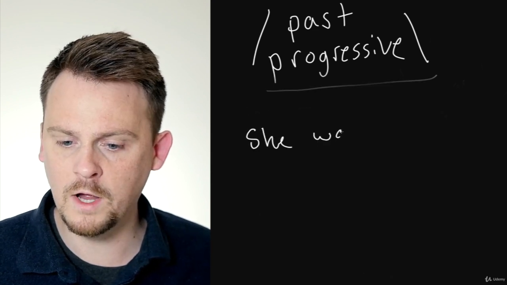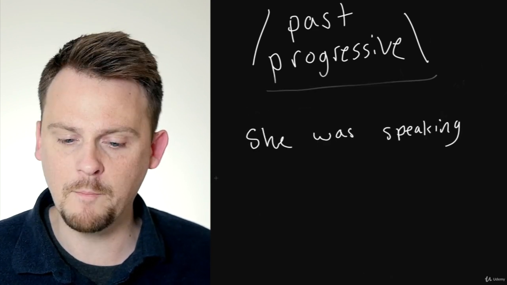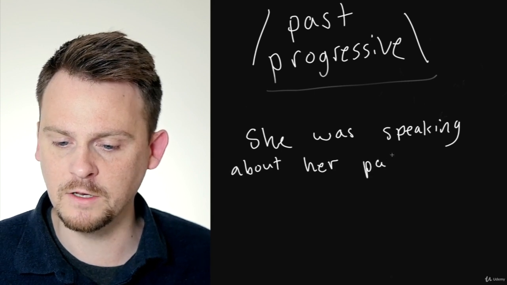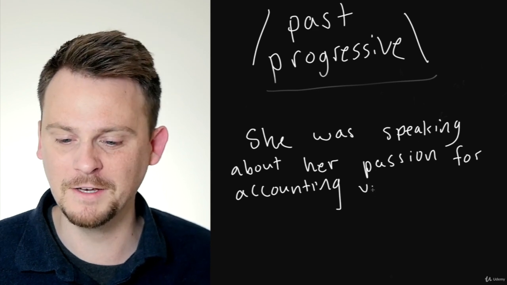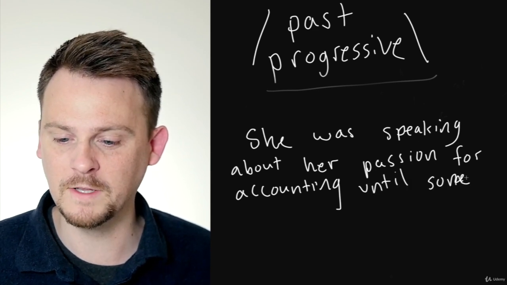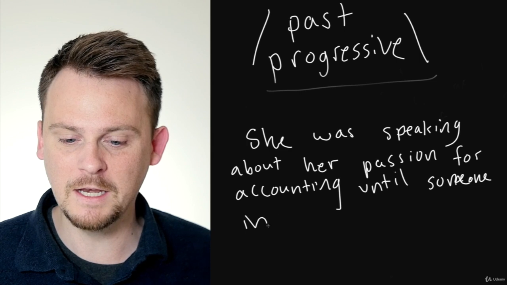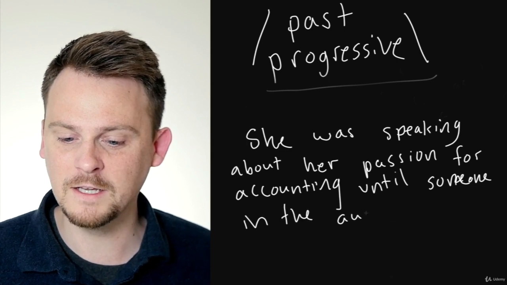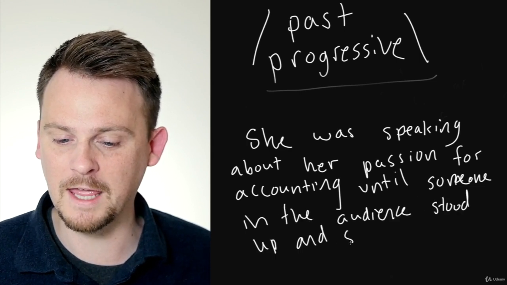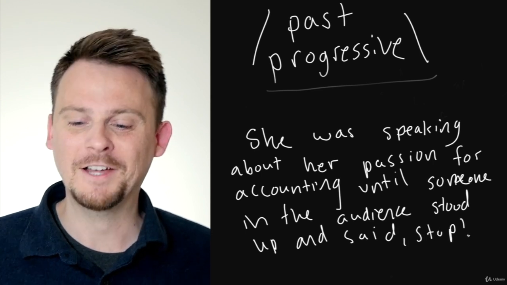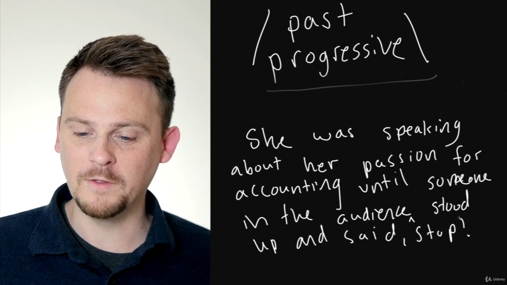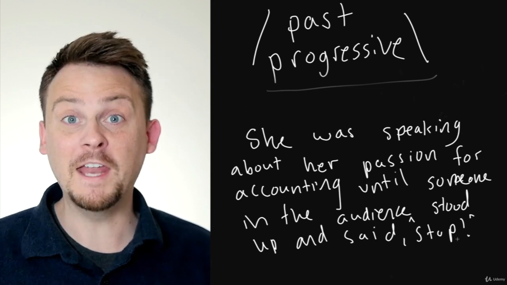She was speaking about her passion for accounting. It's a little boring, right? Until someone in the audience stood up and said, "Stop!" Okay, so I'll put quotes around this. Said is the simple past.